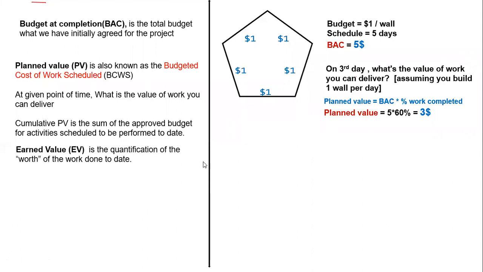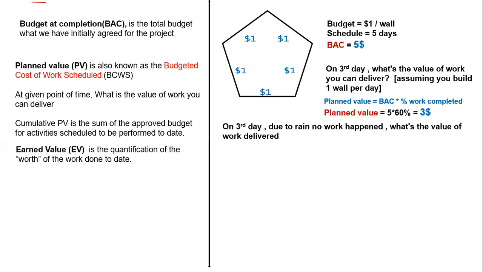Now earned value is like, when you've done a planned value, you are actually executing something, you are delivering some features to your customer. By delivering features to the customer, you earned something. Now the scenario is, on day 3, due to rain, no work happened. So what is your earned value?